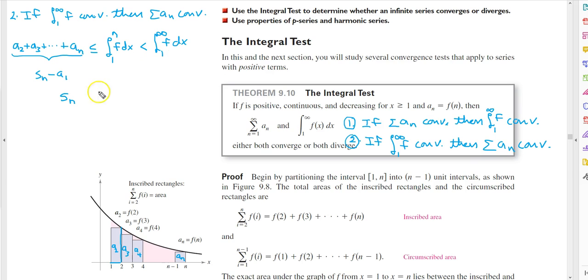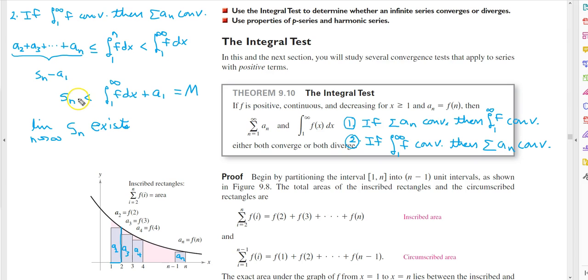Now moving the a1 over to the other side, we get this. And this is true for every n. So therefore the nth partial sums are an increasing sequence that are bounded above by this number m. So if you have an increasing sequence that is bounded above, remember we discussed a previous result back in a prior section that said then the limit as n goes to infinity of the Sn terms must exist.